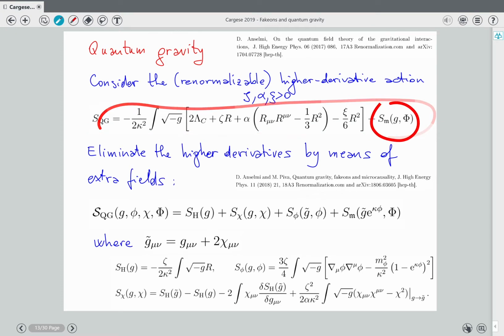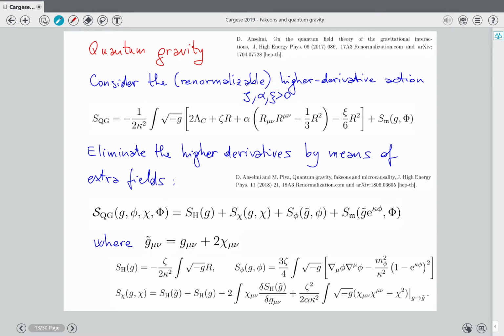I added the standard model because you need matter for the second part of the discussion. I use redundant constants because I want every term multiplied by different constants, so k squared is like h bar here. But anyway, there are three constants which have to be positive in my theory.